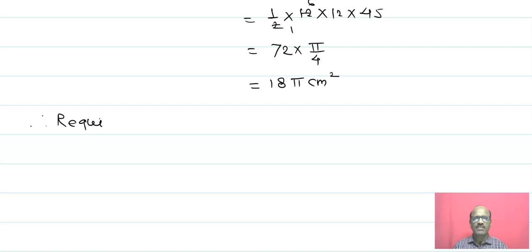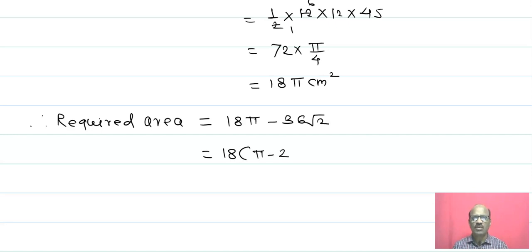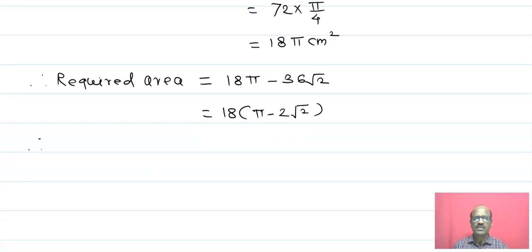Therefore, the required area is equal to 18π minus 36 root 2. In this way, we can take 18 common, 18 in bracket, π minus 2 root 2 centimeter square.